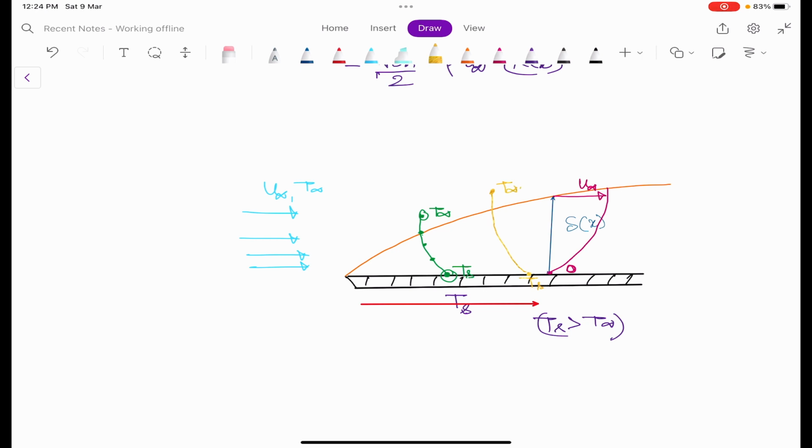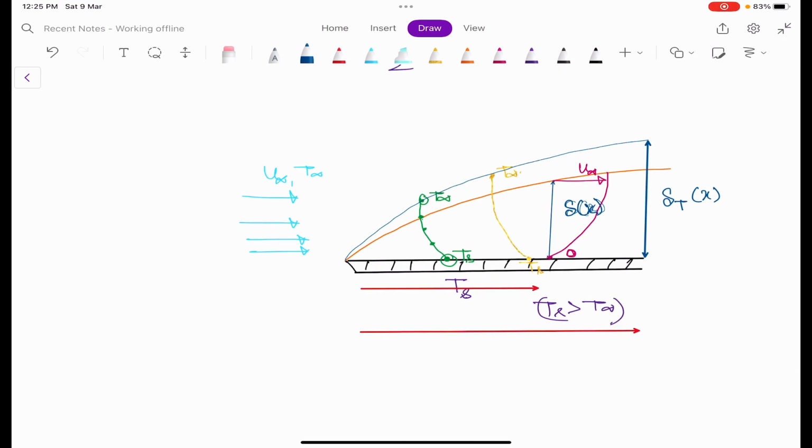If we join these profiles maybe by this color, then at any section x we will have a thermal boundary layer delta T subscript x, and this was delta x, that is the hydrodynamic boundary layer.